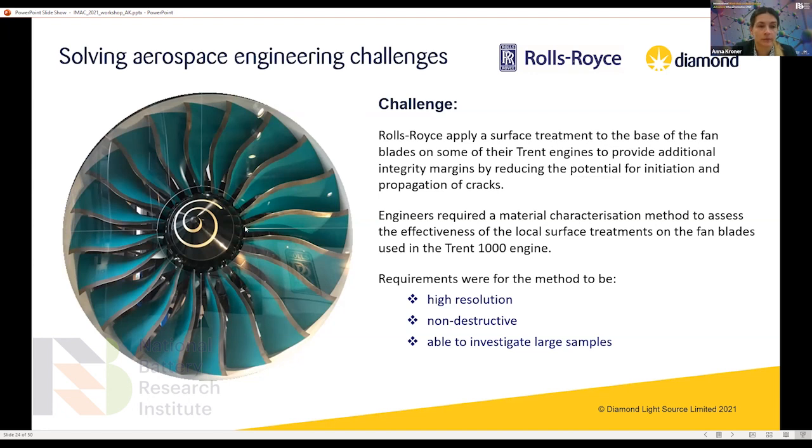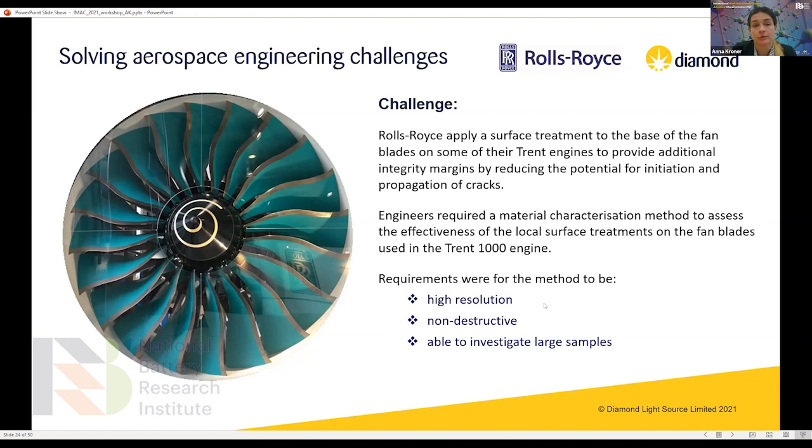So it was very important for them to understand if the surface treatment they apply is efficient to prevent any crack formation or propagation. They really needed a tool which first has very high resolution, but is also non-destructive, where they don't have to cut their specimen into small pieces, because that would also impact the sample itself.